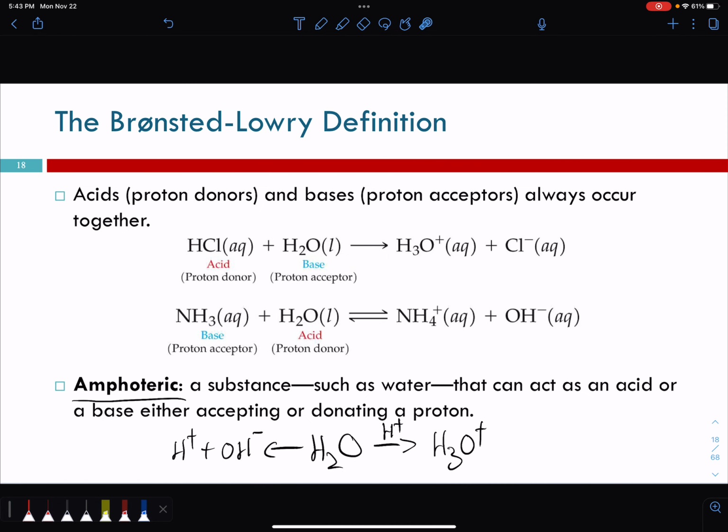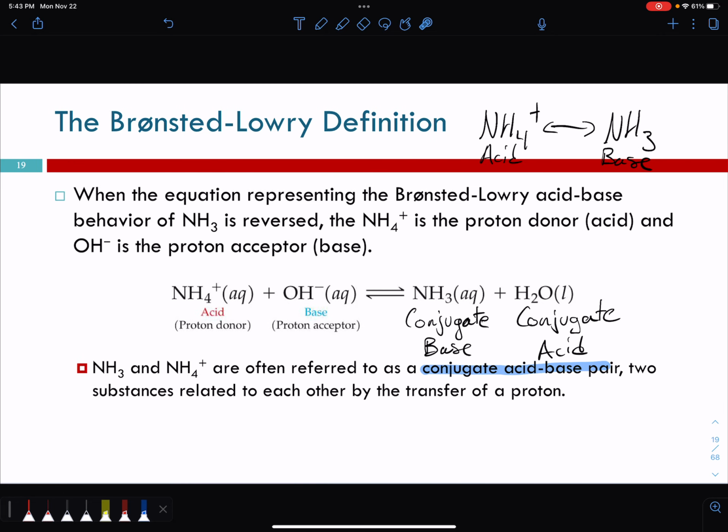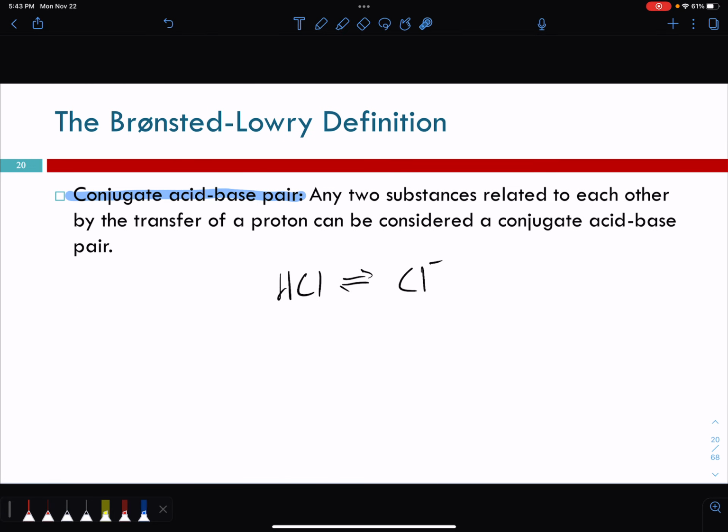If this reaction, like over here, starts with NH3, now this is the base, its conjugate acid is NH4 plus. So it's specifically within this sort of back and forth context, the base and the acid can change depending on which one's the reactant and which one's the product.